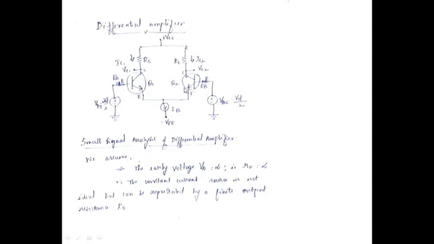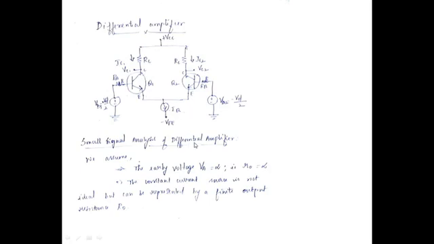For the transistor Q2, the base to emitter is replaced by its resistance R pi with voltage V pi 2 across it, and from the collector to the emitter terminals we have a transconductance current source with Gm into V pi 1.